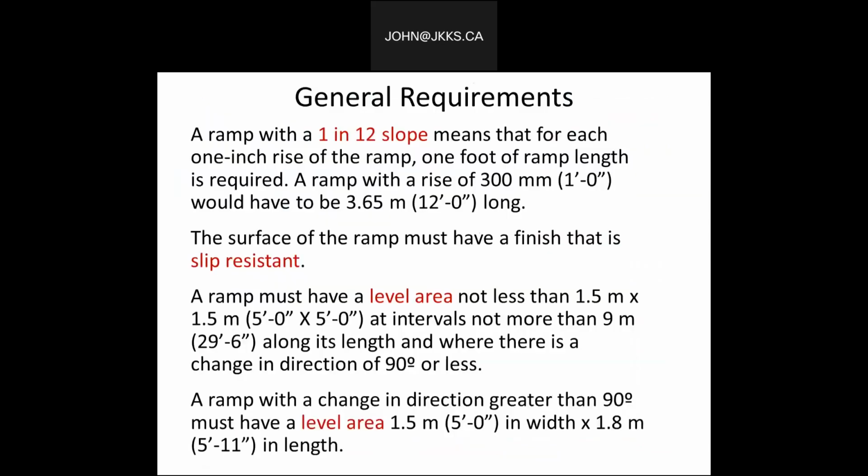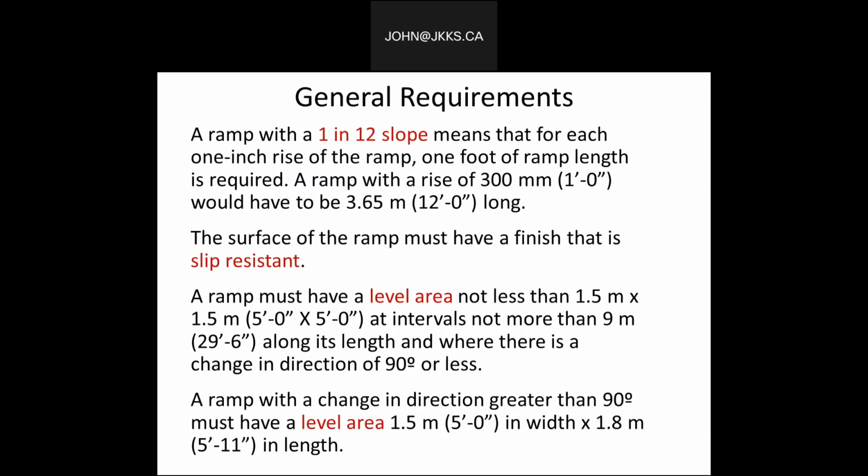Let's talk about some of the general requirements. Let's get away from so much of the building code stuff. When we're looking at general requirements, a ramp with a 1 in 12 slope means that for each 1 inch of rise of the ramp, 1 foot of ramp length is required. So as an example, a ramp with a rise of 1 foot would have to be 12 feet long.